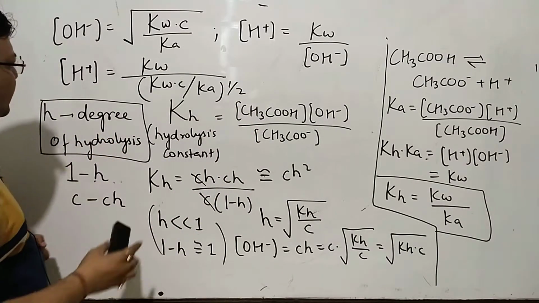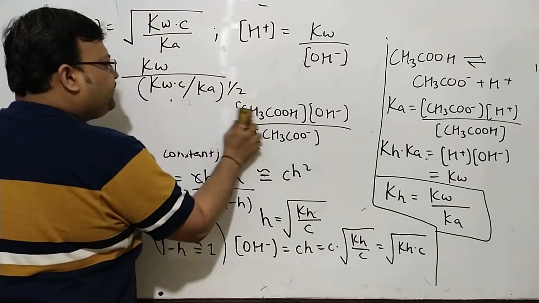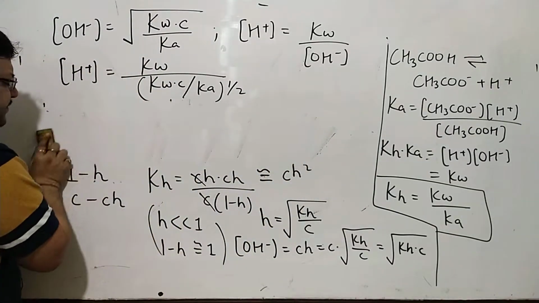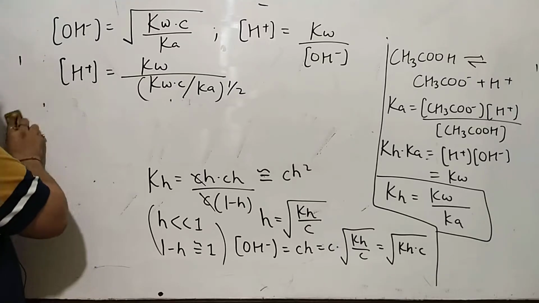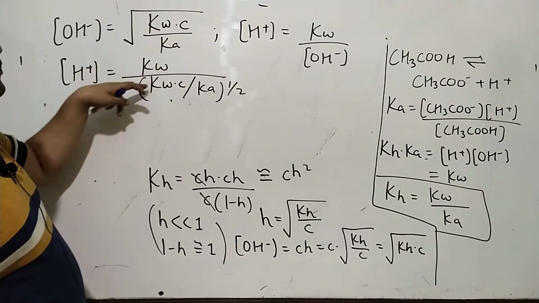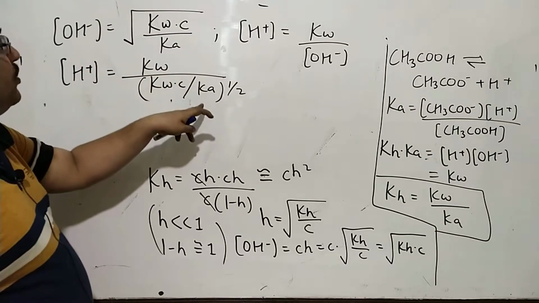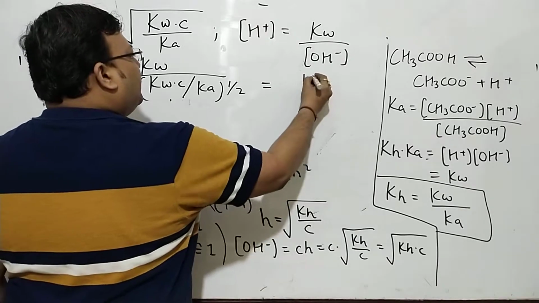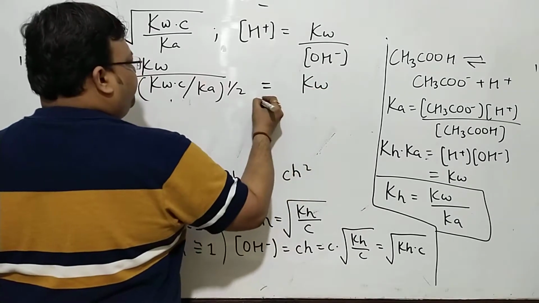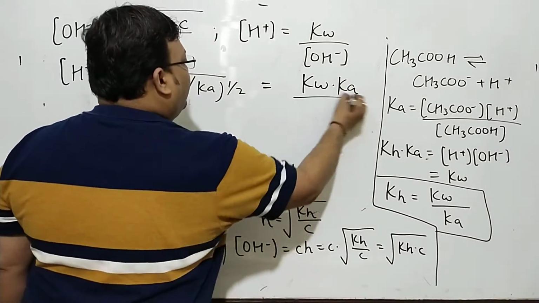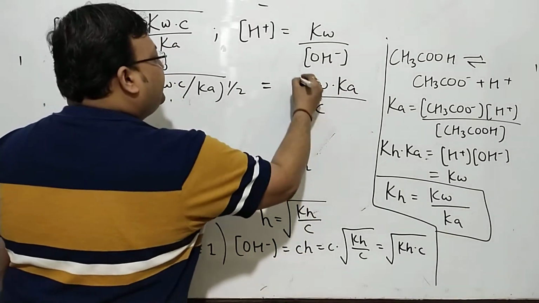These are very basic simple mathematical steps. So I'll get H plus as Kw upon all of this OH minus, which is Kw C upon Ka to the power half, and this will look like Kw into, this Ka will go in the numerator, Ka upon C to the power half.